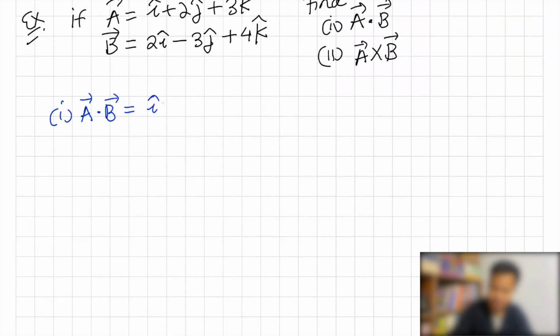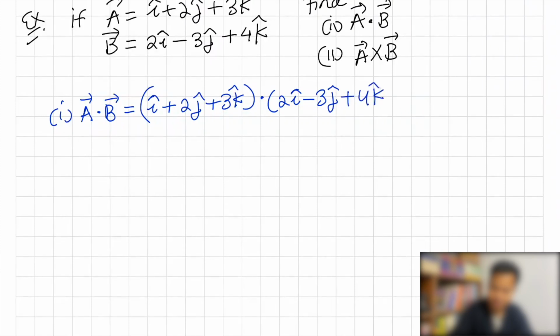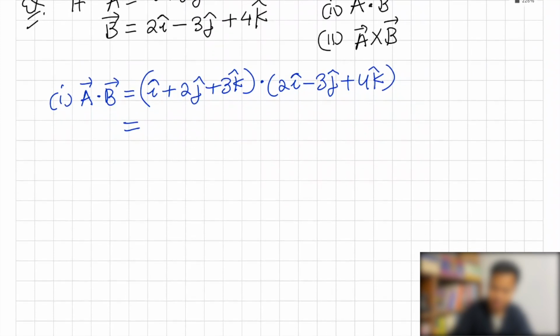So a dot b is nothing but i plus 2j plus 3k dot 2i cap minus 3j plus 4k. Whenever you do dot, simply multiply the like terms: i to i, j to j, k to k.